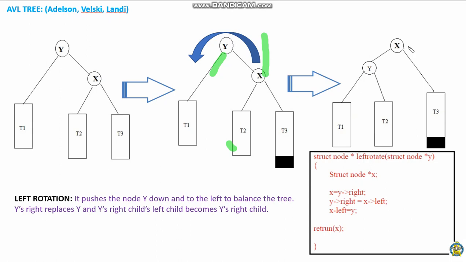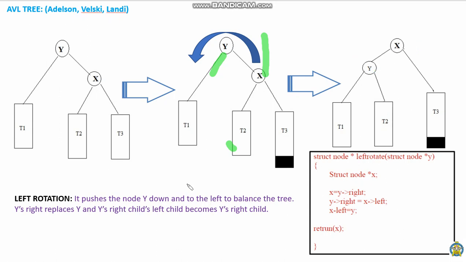So now this is the resultant left rotated tree, and if you look here, this value is 0, 1 minus 1, so this is 0. Now at x, if you look, 1, 2, so 2 minus 1 again, this also is 0. So this resultant tree is AVL in nature.